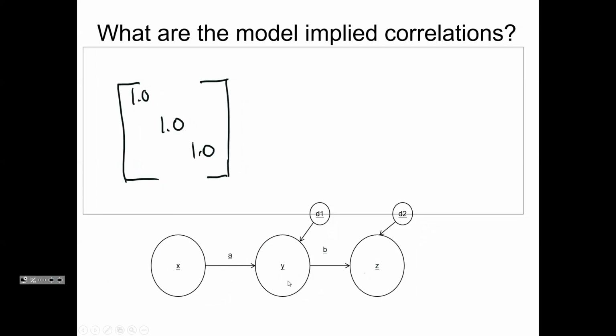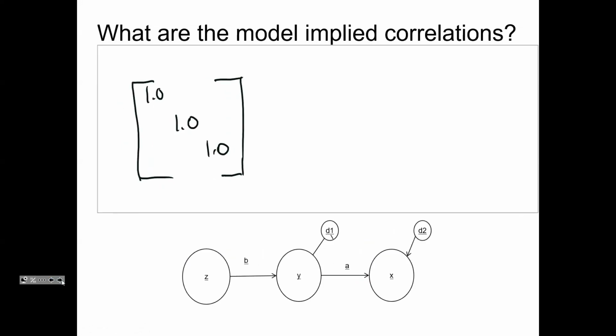It's AB, exactly. And now let's say we've got Z predicts Y, predicts X. And again, what's the model predicted correlation between Z and X? BA, which is the same as AB, right?